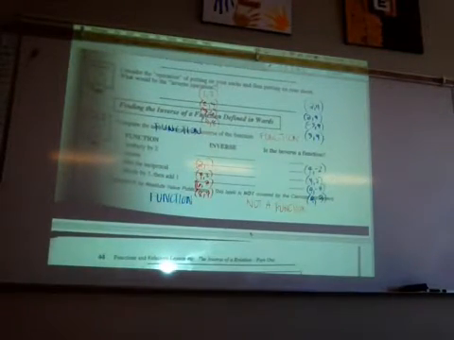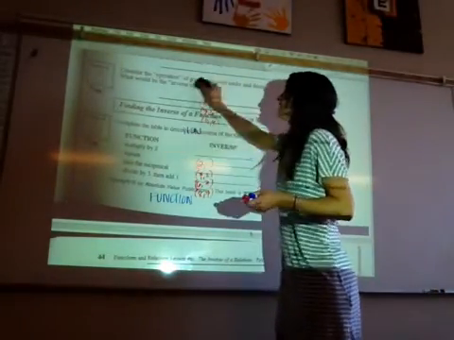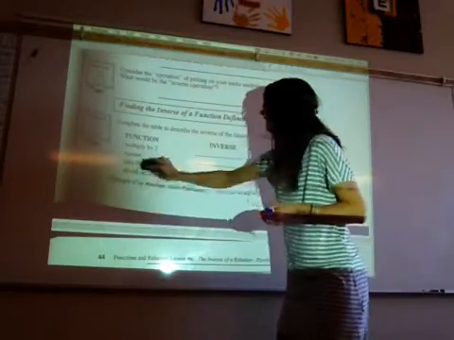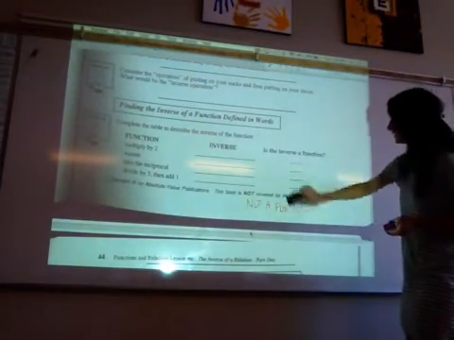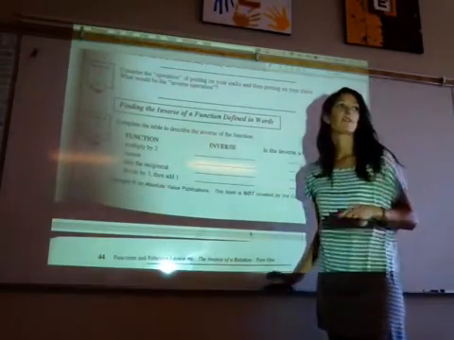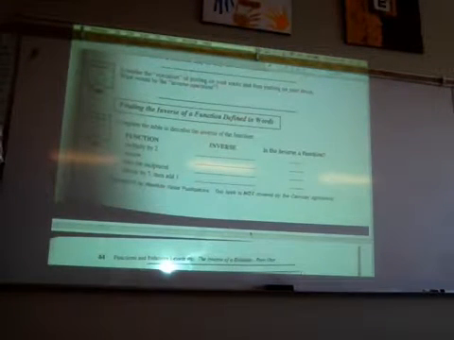So let's see if you guys can figure this out. The operation of putting your socks on and then putting your shoes on is described. What would the inverse of those actions be? If we were to undo those actions, which would you do first?